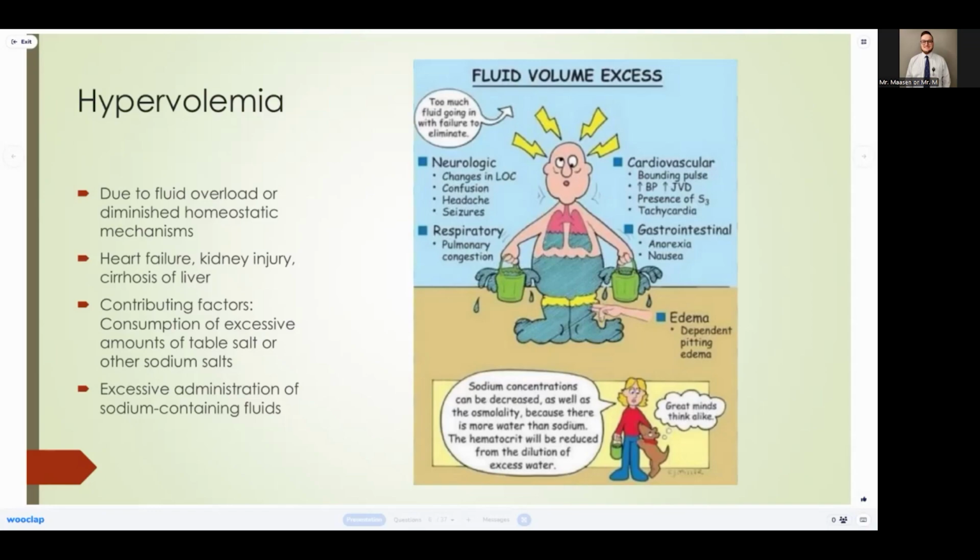They're going to have a really strong pulse, what you call bounding pulse. You can almost see it. Blood pressure up. Their jugular veins are going to be distended and almost palpable. Tachycardia, higher heart rate to try and compensate and keep moving fluid. And they're probably going to be nauseous, that sort of stuff.